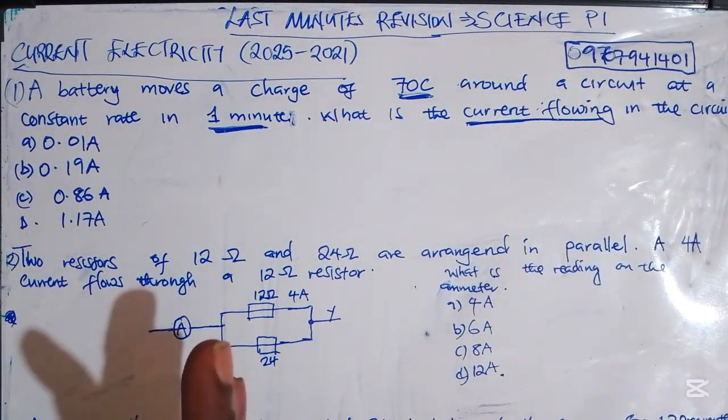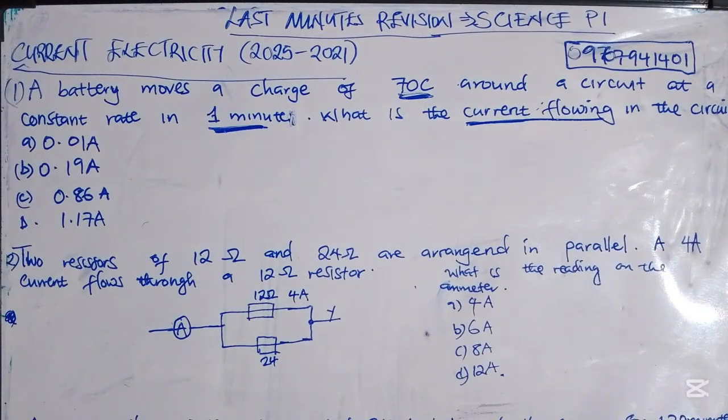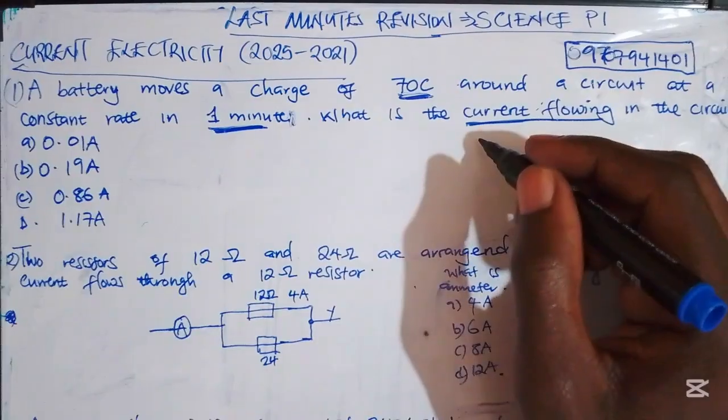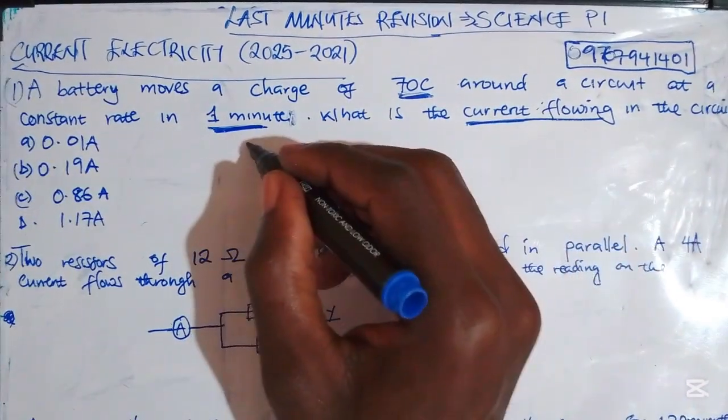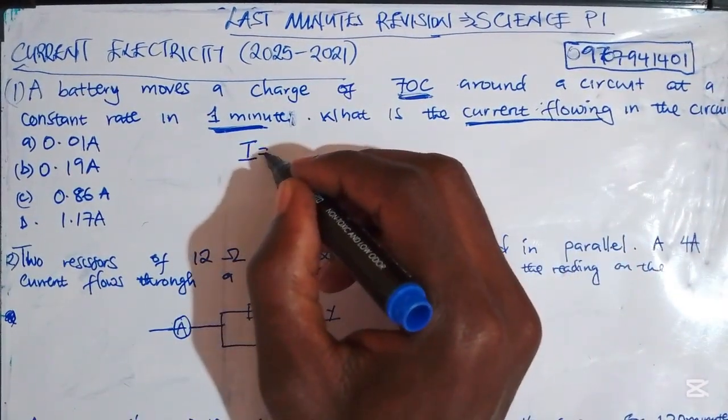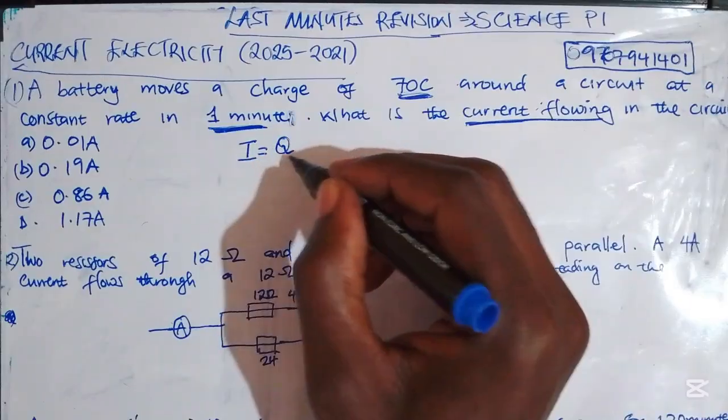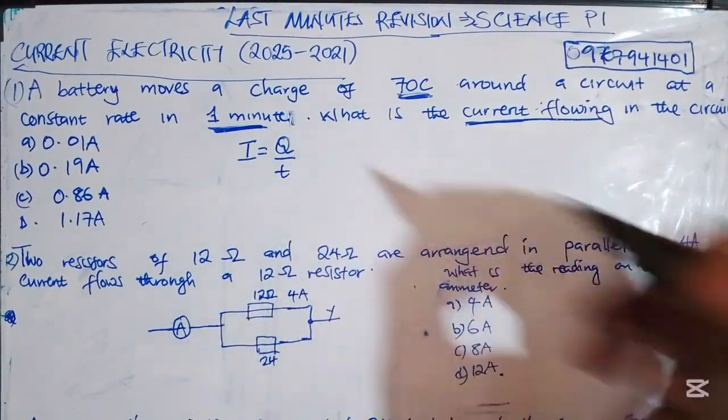This question is asking us to calculate the current. So remember the formula for current. Current is equal to charge divided by time.